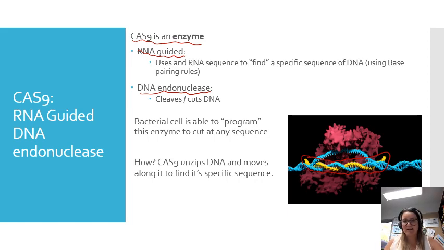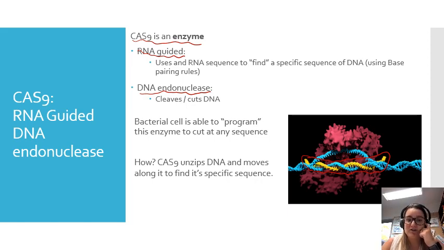That bacteria Cas9 enzyme is using to find a specific sequence of DNA. It's unraveling the DNA, which is that blue part, to find the specific sequence that it's looking for. That yellow part, that's part of that protein. It's part of the Cas9 enzyme.